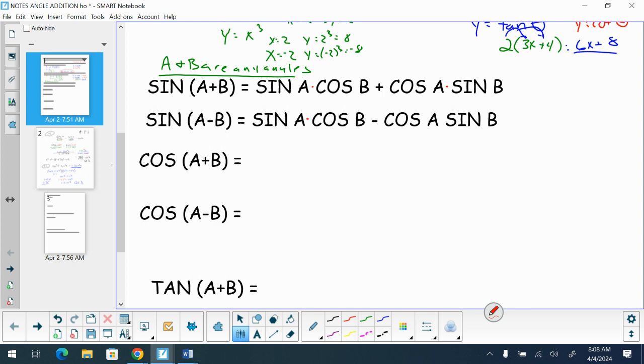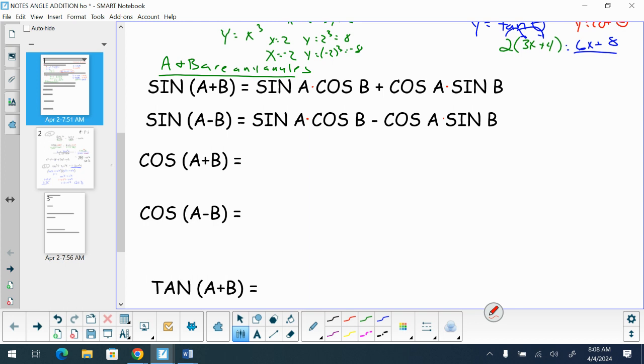And when you have subtraction of a minus b, this just turns into a minus in here. Once again, you will not have to put these to memorization. If you have them on your sheet, you can apply them off of your sheet.